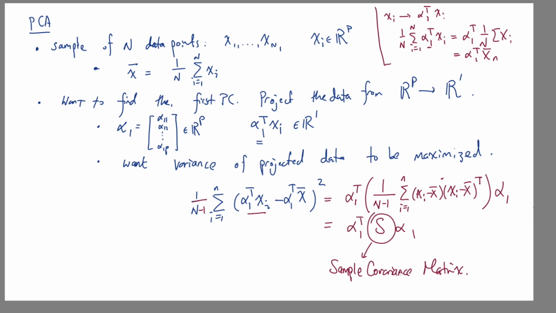It's the sample covariance because it's based on the sample. It's not the true covariance. We don't have access to the true covariance. But basically, what we're trying to do is find this alpha vector that projects the data down. So it's a p-dimensional vector such that we maximize this value alpha 1 transpose S alpha 1.